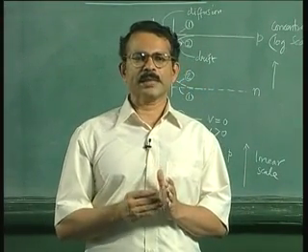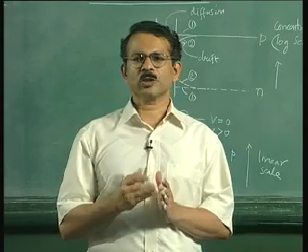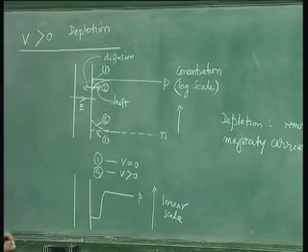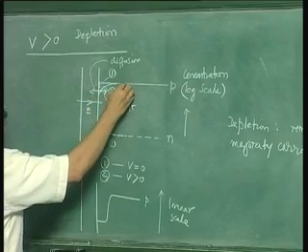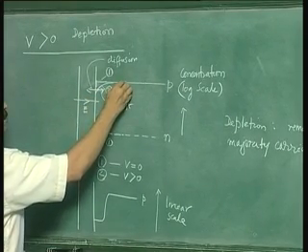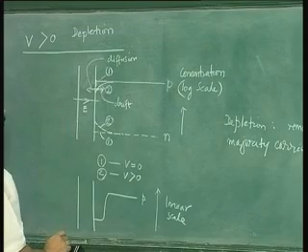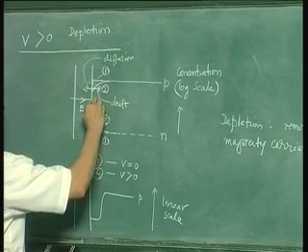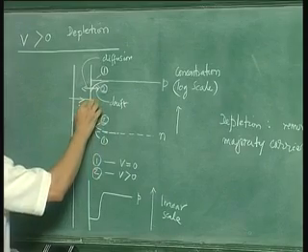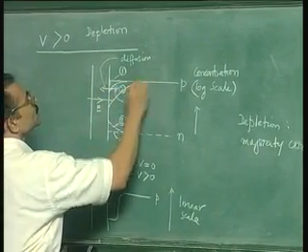Now as you go on increasing the voltage further, what is going to happen? If you increase the voltage further, obviously more holes are going to be depleted and electrons are going to pile up. The voltage may be sufficiently large so that the hole and electron concentrations at the interface become equal. It can be something like this.